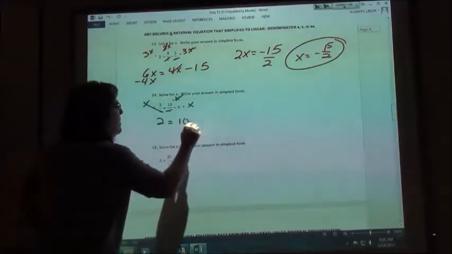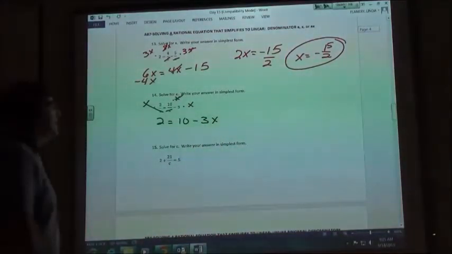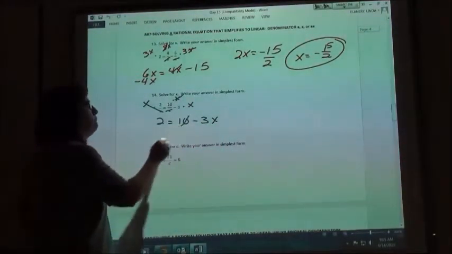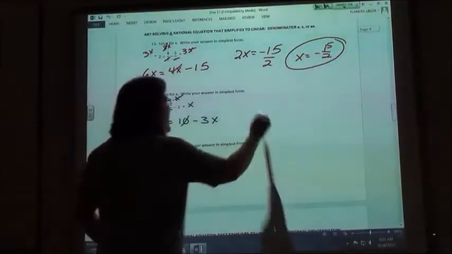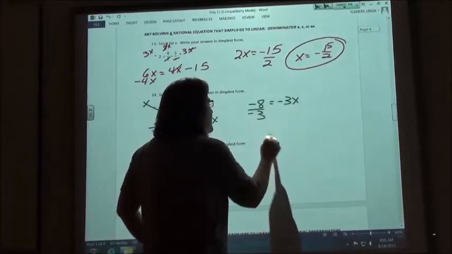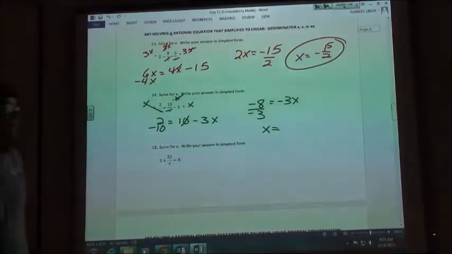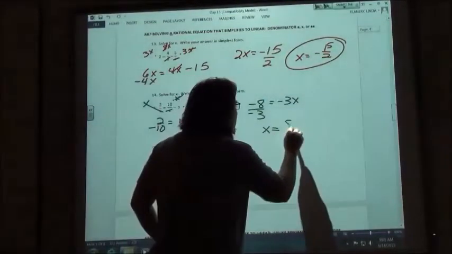If I'm going to solve that, I would subtract my 10. Negative 8 equals negative 3x. And when I divide, my answer is going to be x equals 8/3.